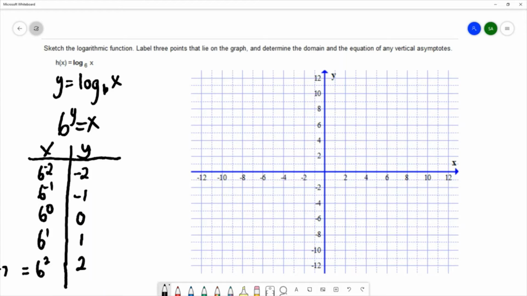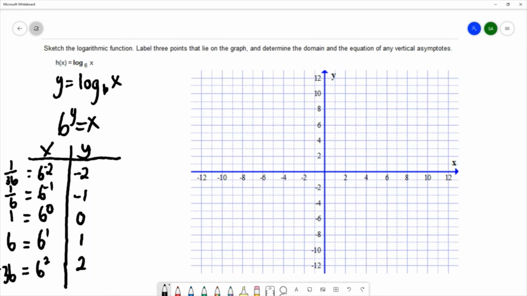6 squared is 36. 6 to the first is 6. 6 to the 0 power is 1. 6 to the -1, the -1 in the exponent means reciprocal, so that's 1/6. 6 to the -2, the negative is reciprocal, so that would be 1/36.